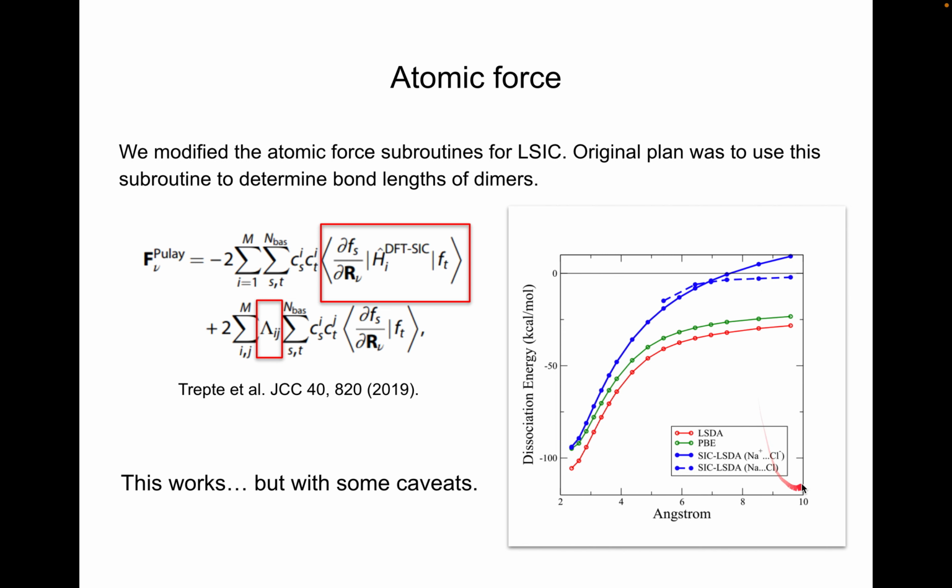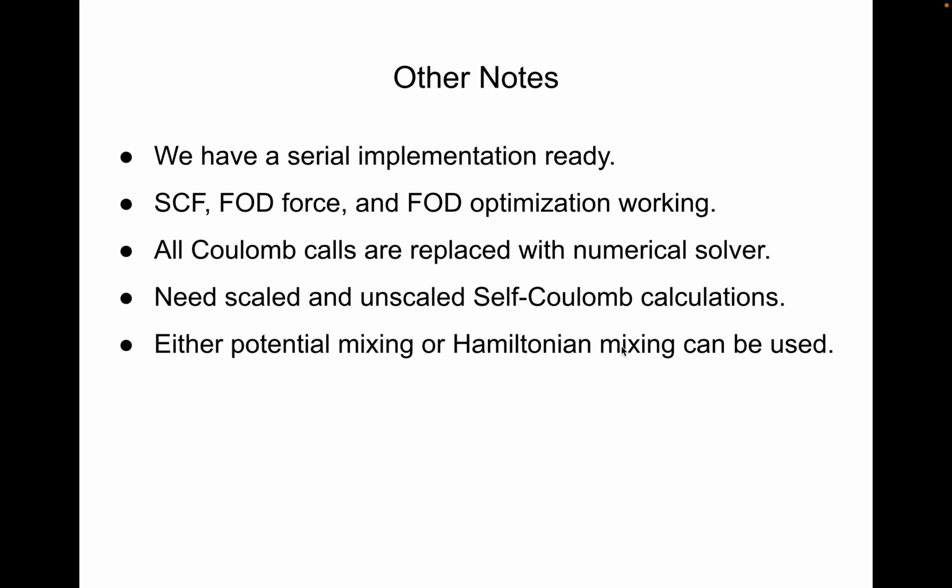This is because although the SIC Hamiltonian term for the LSIC contains the meta-GGA-like expressions, what is being mixed inside of the FLOSIC code is the DFA term only. So you can mix either the DFA potentials or the DFA Hamiltonian for the LSIC LDA.